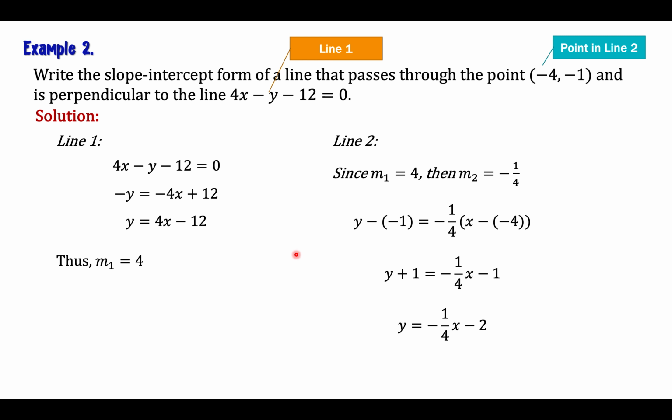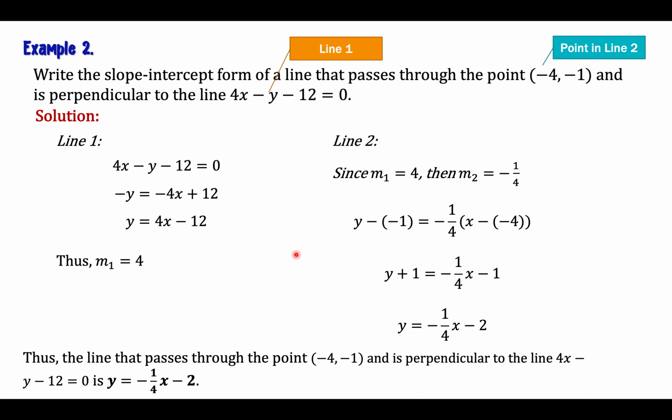Therefore, we can transpose positive 1 to the right-hand side and we'll get y is equal to -1/4 x minus 2. Thus, the line that is passing through the point -4, -1, and that is perpendicular to the line 4x minus y minus 12 is equal to 0 is y is equal to -1/4 x minus 2. So this is the line that we're looking for.